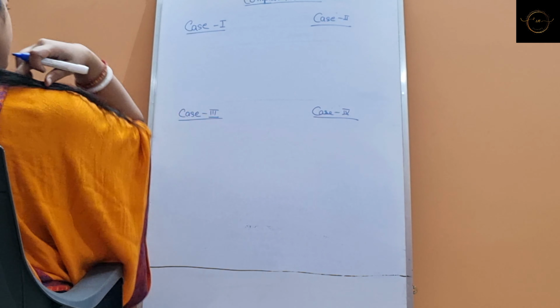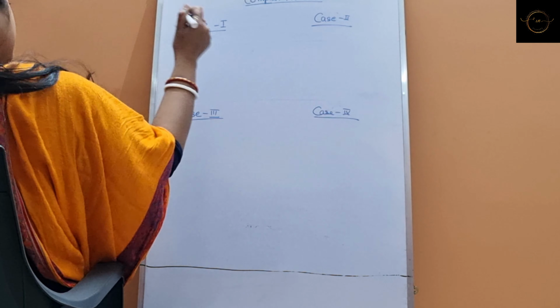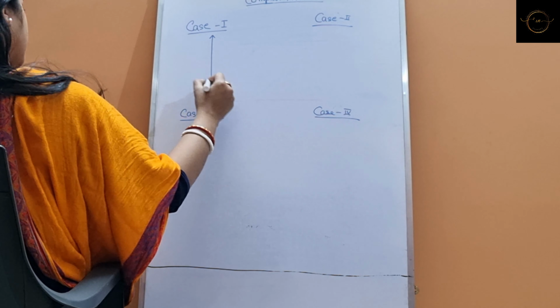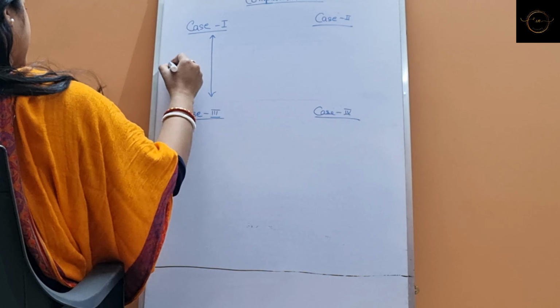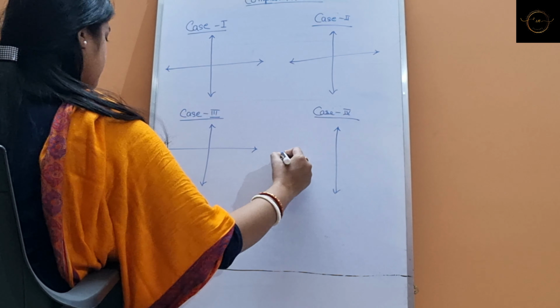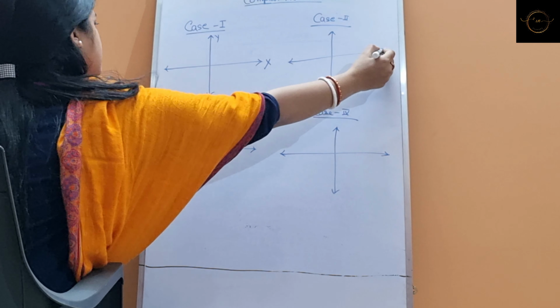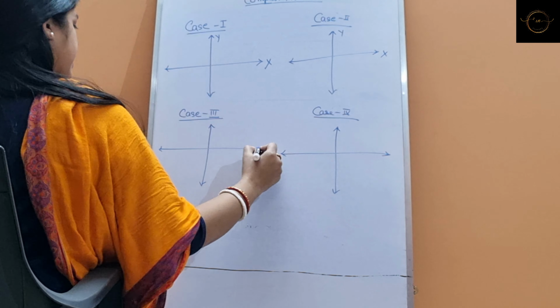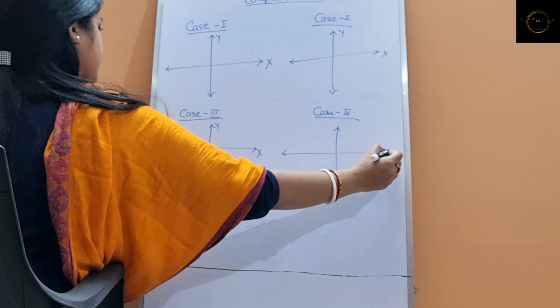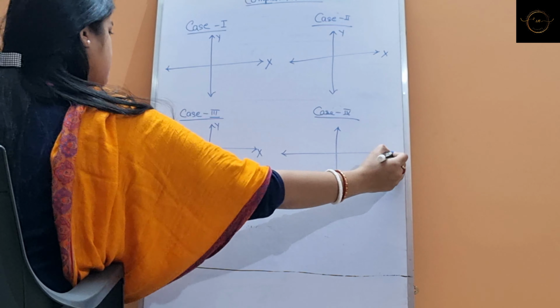That's why I have written them all together. Now first, let us draw the axes. I am drawing them all together so that you can easily understand the difference between the four cases. This is the x and the y-axis.